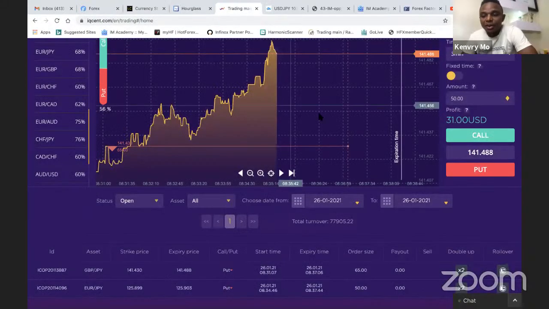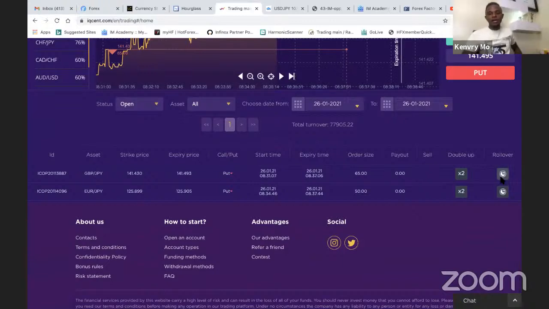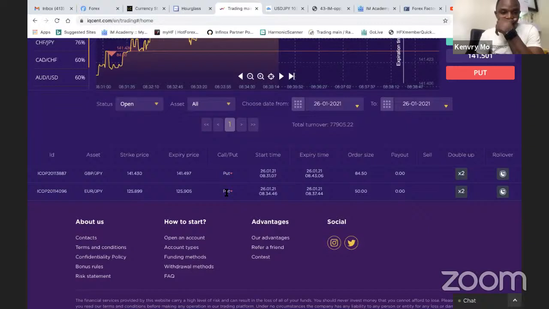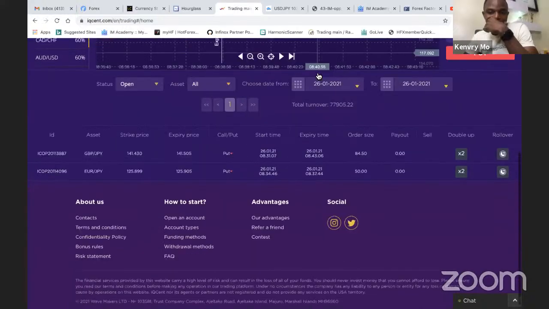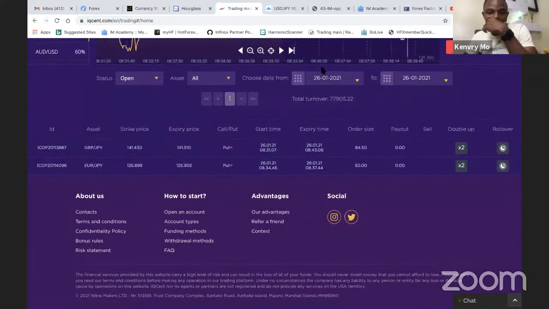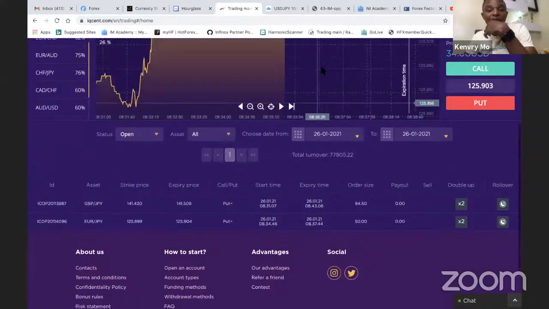This is GBP. Come on. If it drops, it's going to drop crazy. This is moving to 500.